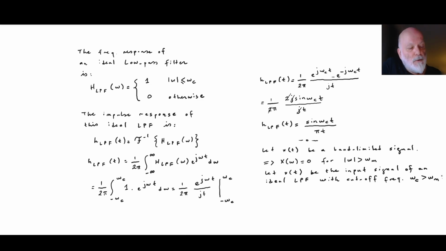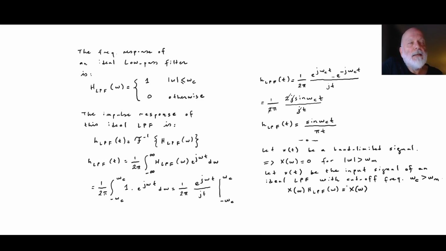Okay? So, under this condition, X of omega multiplied by the frequency response H LPF of omega will be equal to X of omega. So X of omega here is the input and X of omega here is the output.